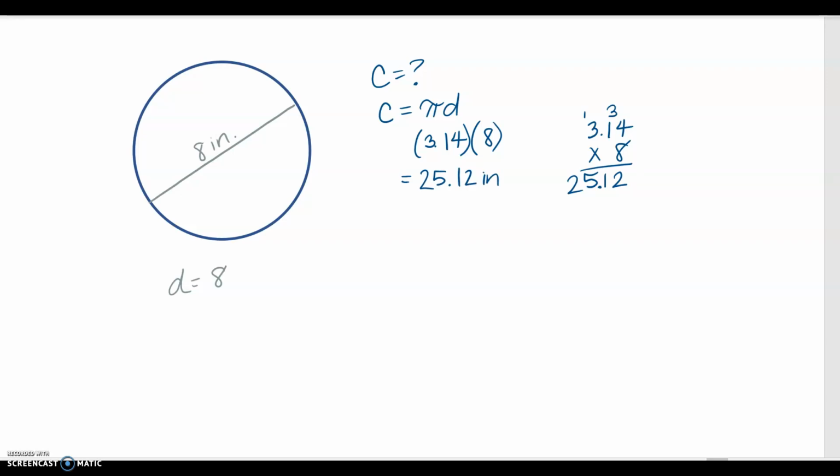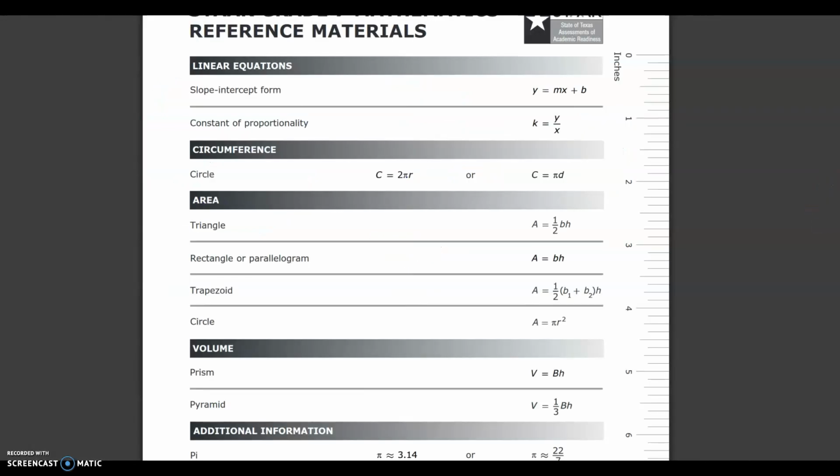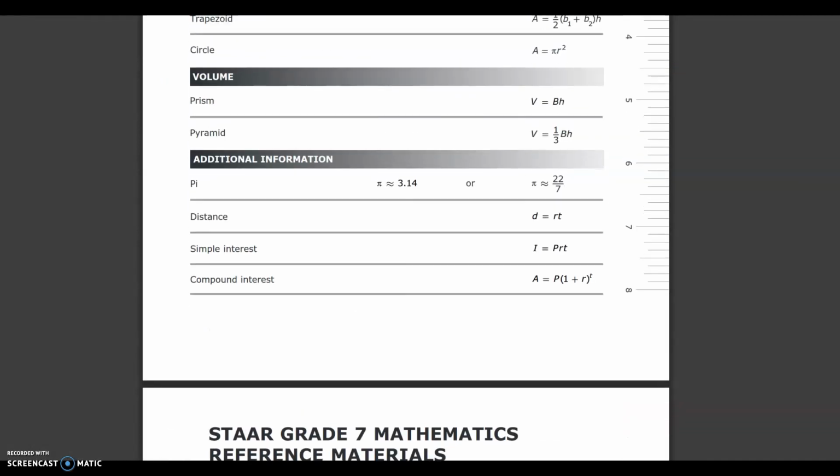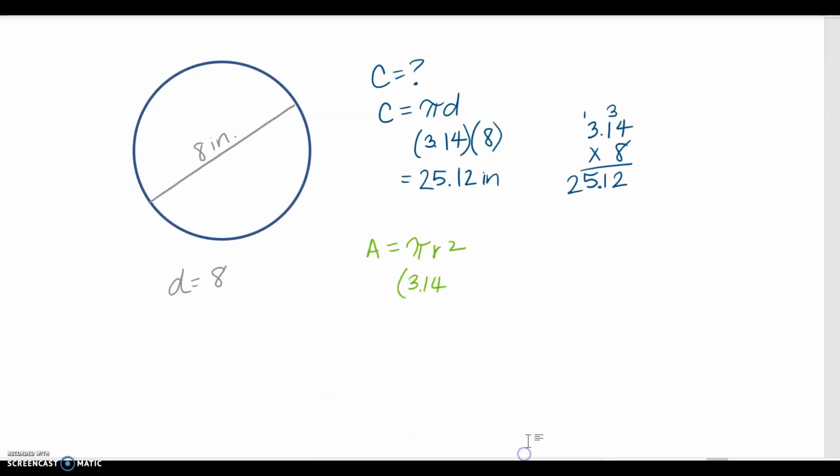Then, if it says that I need to find the area, I use my area formula. A equals pi r squared. Pi is 3.14, and it says that down here on my formula chart. It'll tell us if we have to use 22/7 times r squared. My radius, they didn't give it to me, but I know that my radius goes from the center to the edge of the circle.